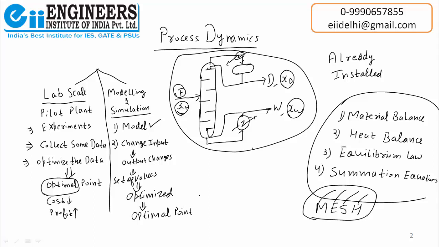So this is the way of modeling and simulation: we prepare the model with the help of some mathematical equations, then we make the degrees of freedom 0 by defining some variables, then we change the input to change the output, and then we get the set of values. These values, or you can say data points, are then optimized.